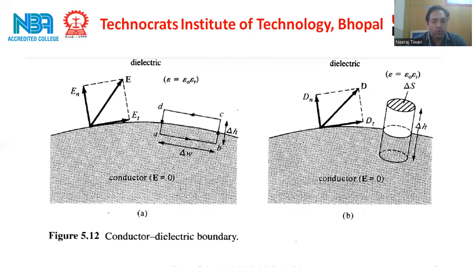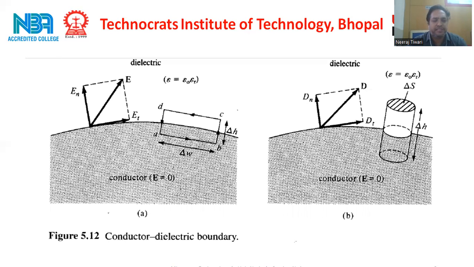As I told you, we apply Maxwell's first equation across the boundary. In the same way, you have to draw the tangential component and the normal component, then you will get the resultant. We follow the same path in this diagram.